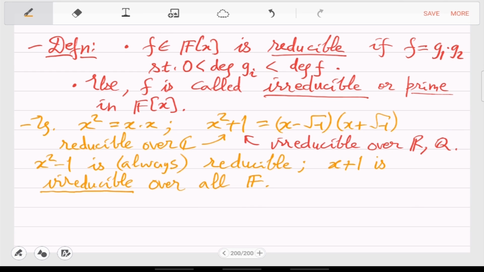So let's prove a quick property. Suppose F is irreducible. Then what is the GCD of F and an arbitrary polynomial G?